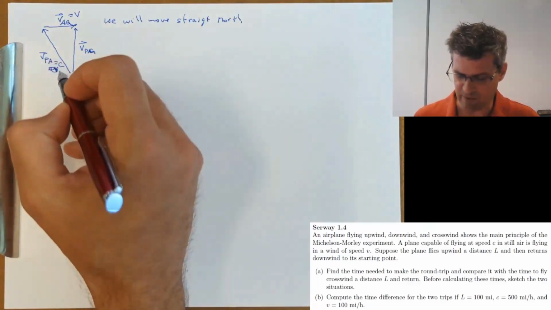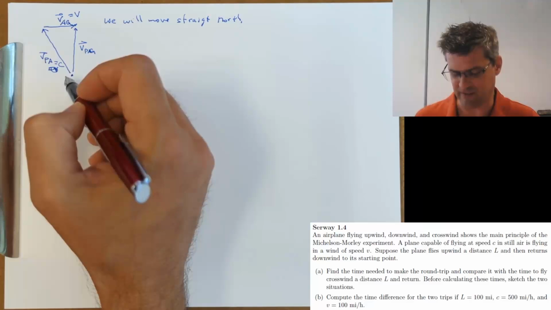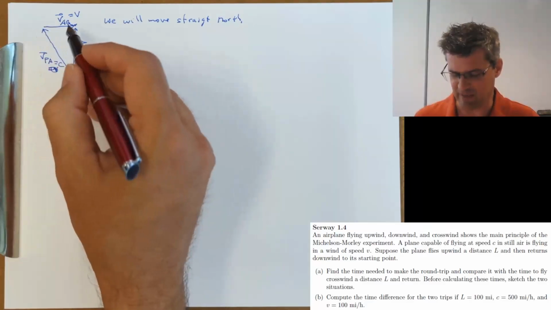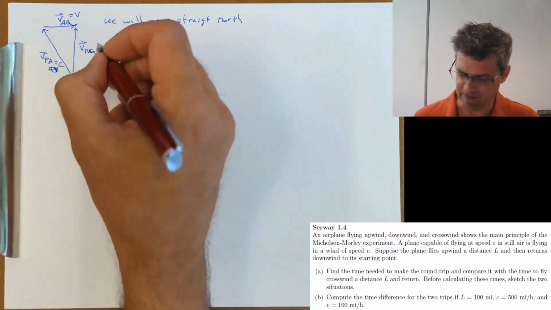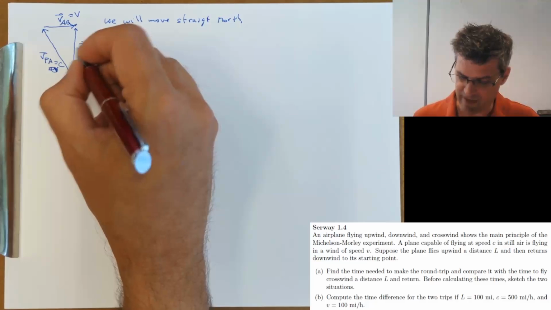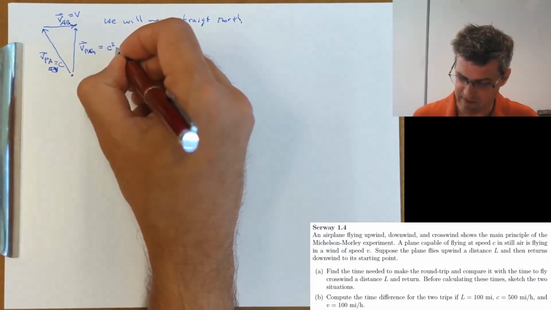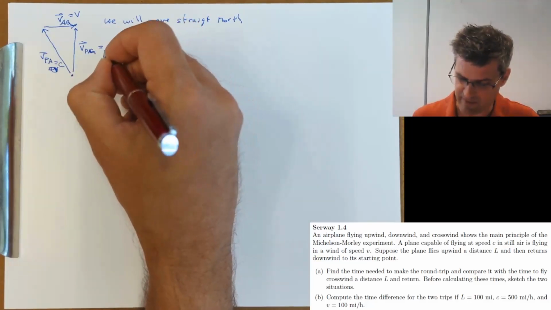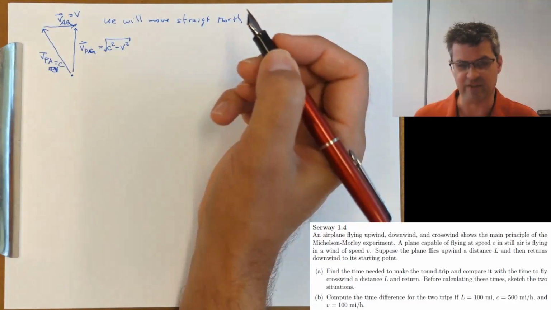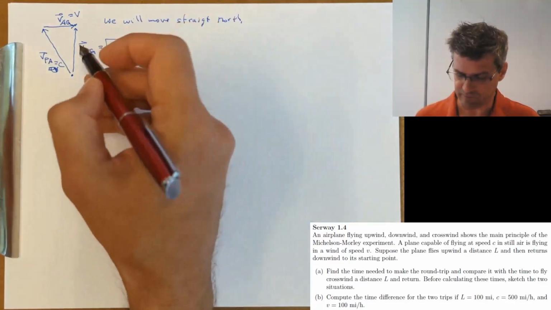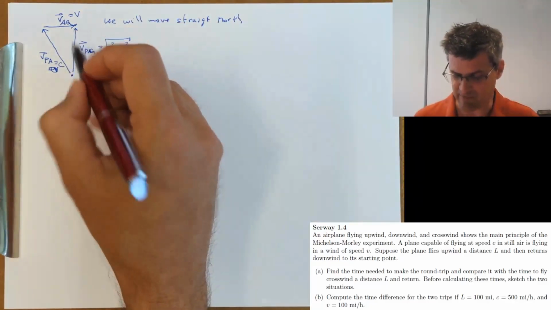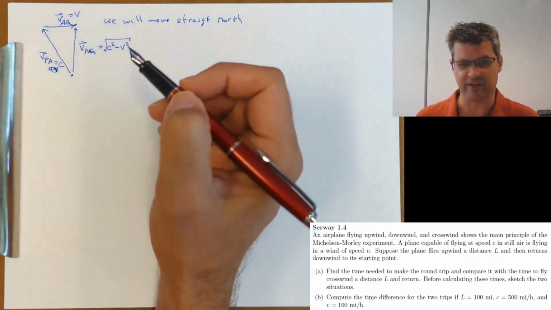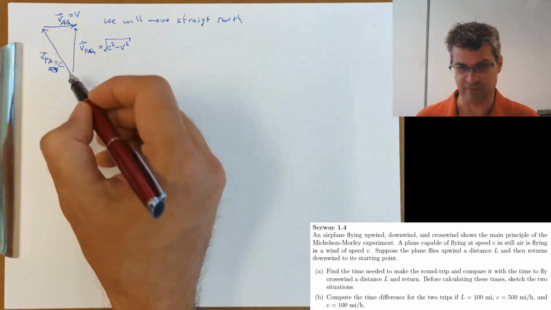So if we know the hypotenuse of this triangle, and we know this opposite side of the triangle, this magnitude is c squared minus v squared under a square root. That's how fast the plane is moving with respect to the ground, vectorially speaking, right?